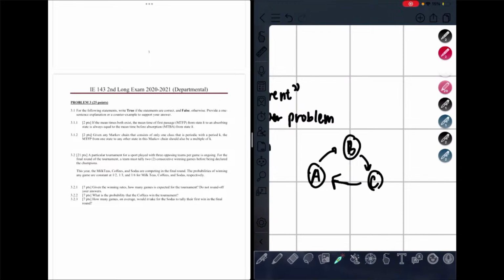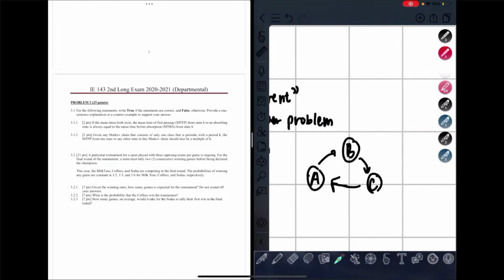But that doesn't mean that the time it takes from one state to any other state is a multiple of 3. So let's say A to C. This will obviously happen in 2 transitions, right? So it's not a multiple of 3.